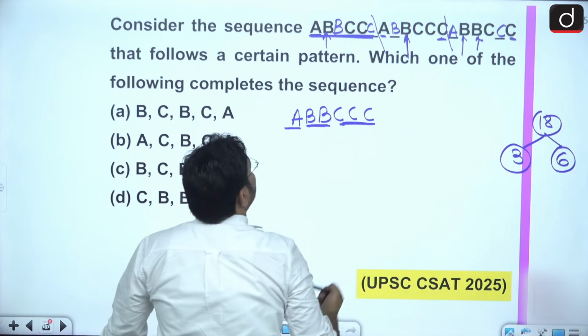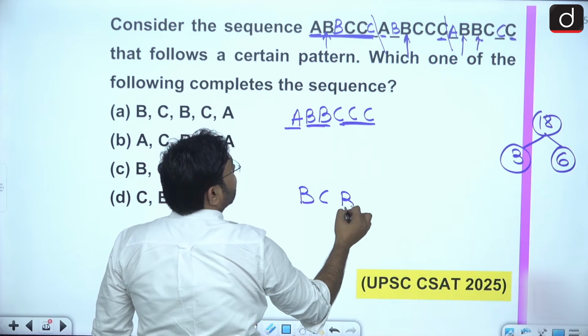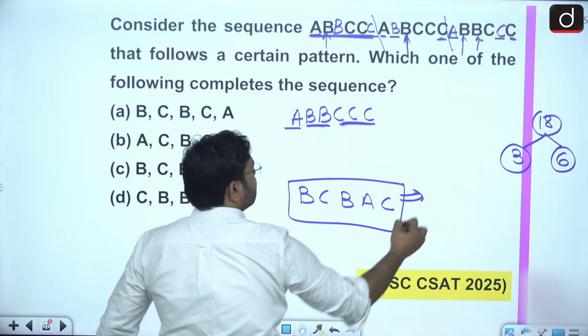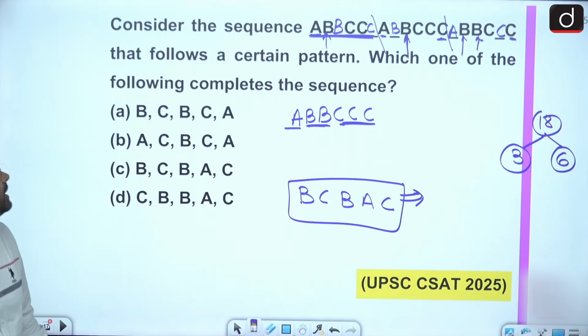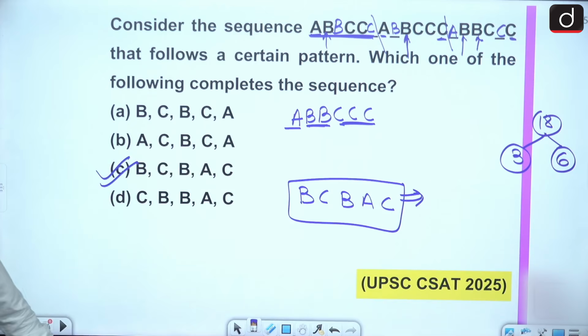What is in the blanks? B, C, B, A, C. Try to check the option. B, C, B, A, C. So C is the answer. Any doubt in this?